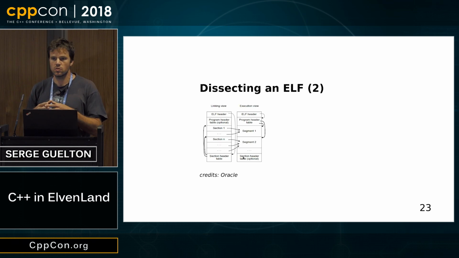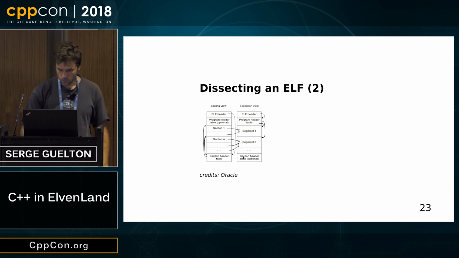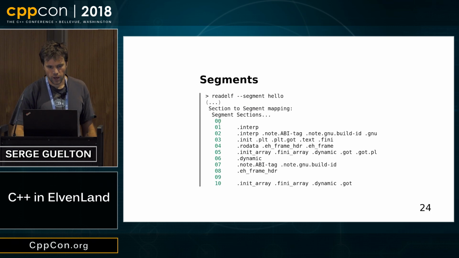And the segments, from my understanding, is just a bag of sections, right? So the sections are not very important for the linker. It just needs to know which code area it needs to load somewhere. We could have a look at the segments of our hello program. And so they are numbered, and each segment maps to several sections, right?